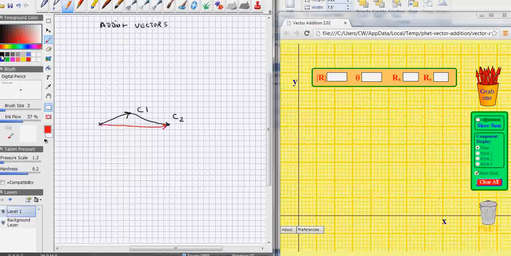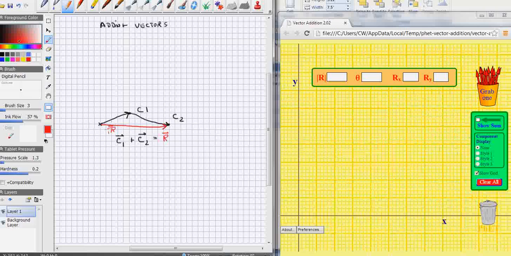And so here I'm going to introduce some notation. C1, I'll use a little subscript here, somewhat different from what I've written up there. And I'm going to draw a little arrow over the top. That means it's a vector, suggested by this little arrow, plus C2, that's the second vector, is equal to this vector, which I'm going to call R. Like that.